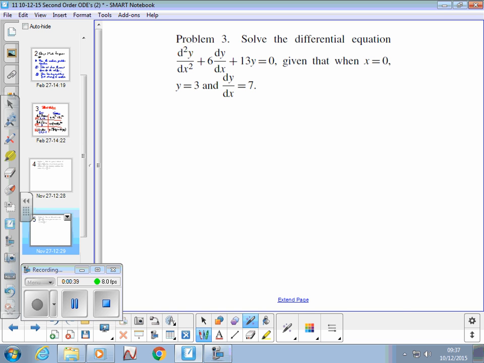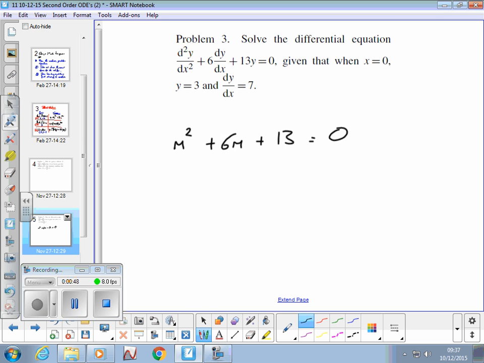Good. Let m equals differential. Form what's called the auxiliary equation. And then solve.